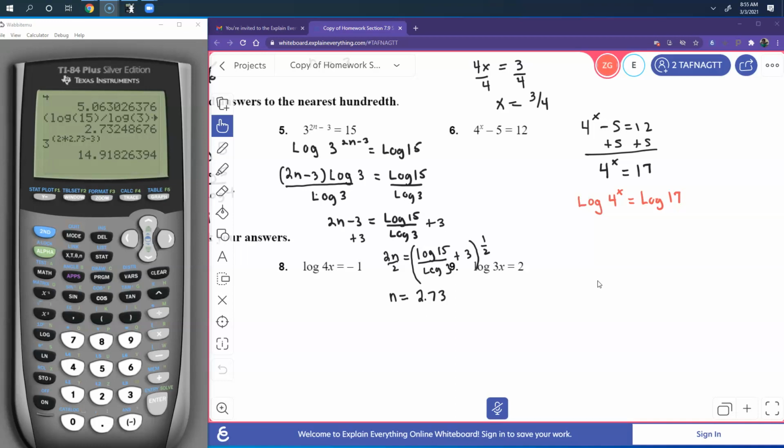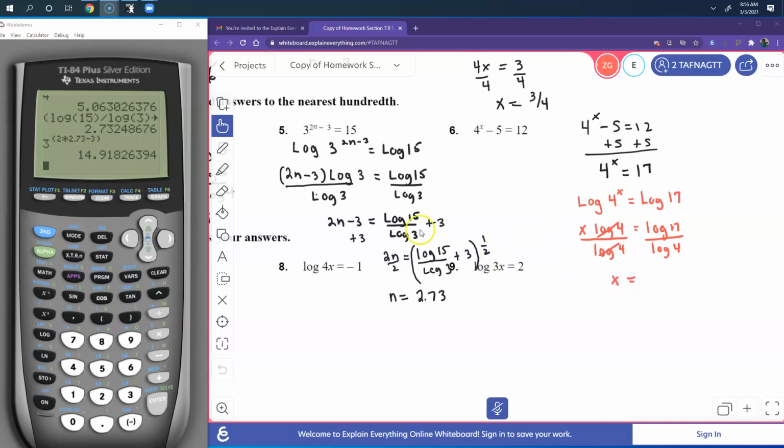Remember to move the x to the front. So you have x times the log of 4 is equal to the log of 17. The next step is to divide by the log of 4. These cancel.